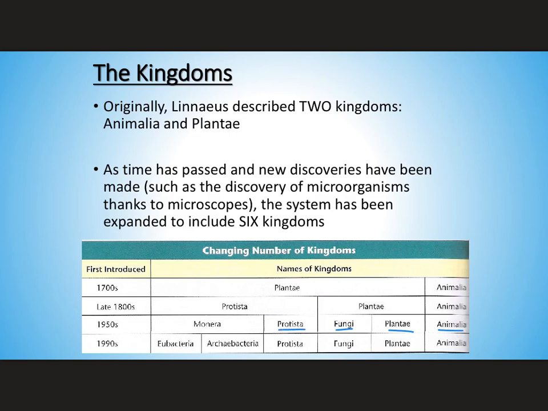And so we had the protists, who are eukaryotic, and then the monerans, which are prokaryotic. And then most recently, in the 1990s, which I know is getting old now, they also discovered that there are different types of monerans. So even the prokaryotic cells are now broken down into two different kingdoms. And so today we have 6 kingdoms in the classification system that we use.